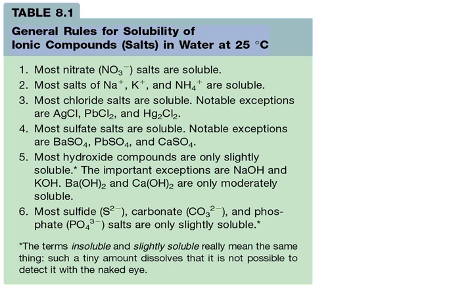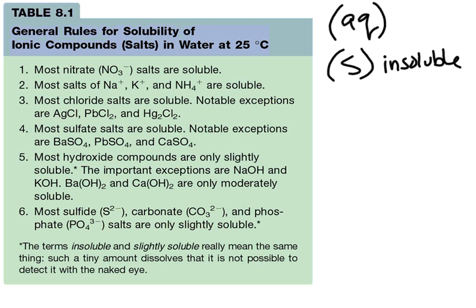If it'll dissolve in water, then it will stay aqueous and will not form a solid. But if I combine a certain cation with another anion and they're insoluble, then that means I would form the solid, right? So the solid means that it is insoluble, and the aqueous means that it's going to remain soluble in solution at 25 degrees Celsius.